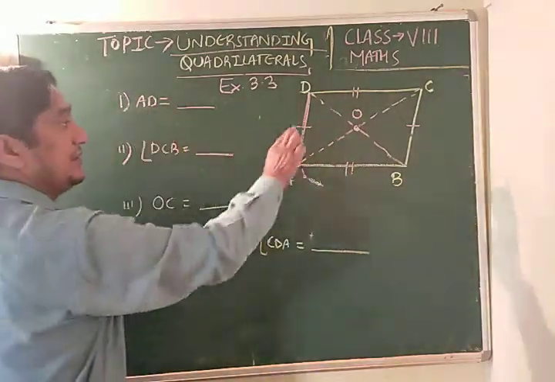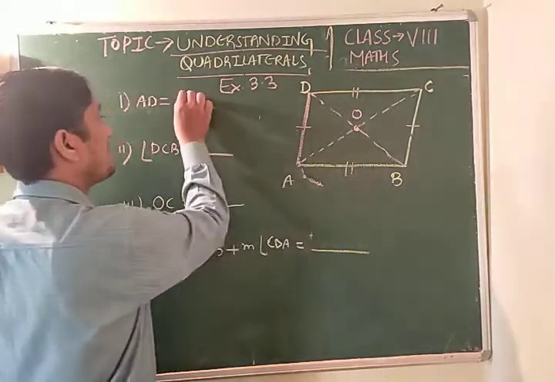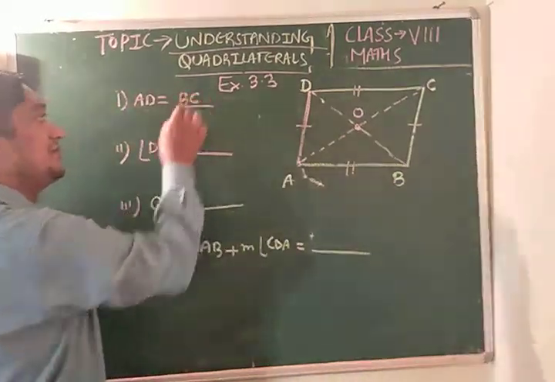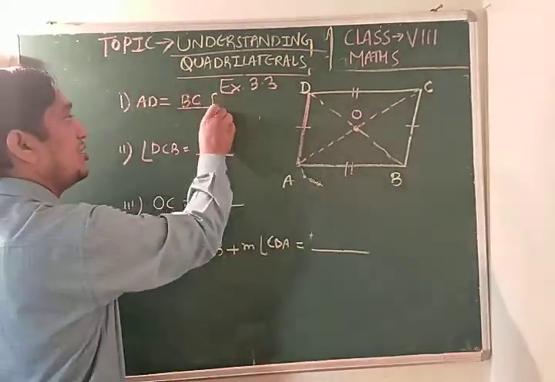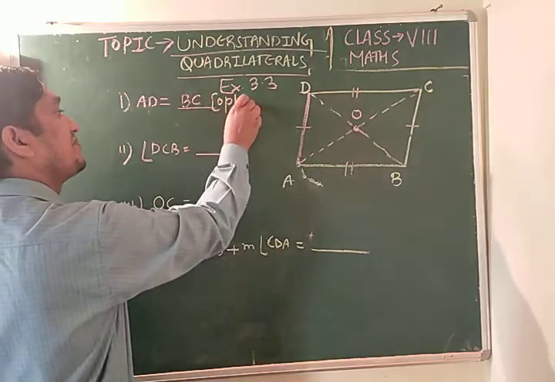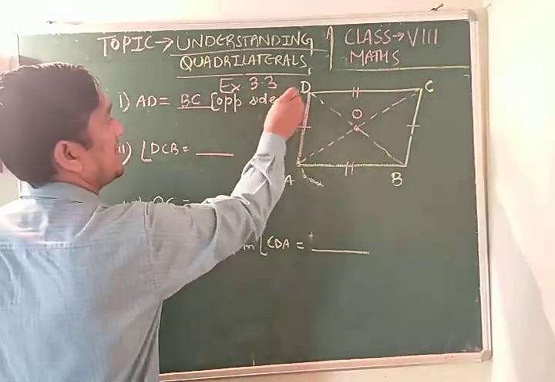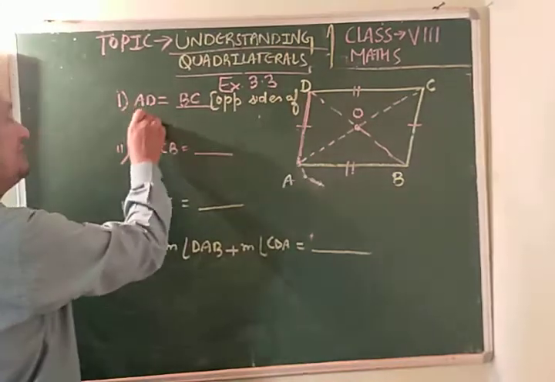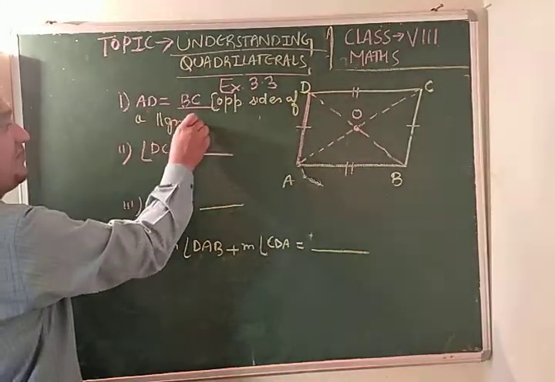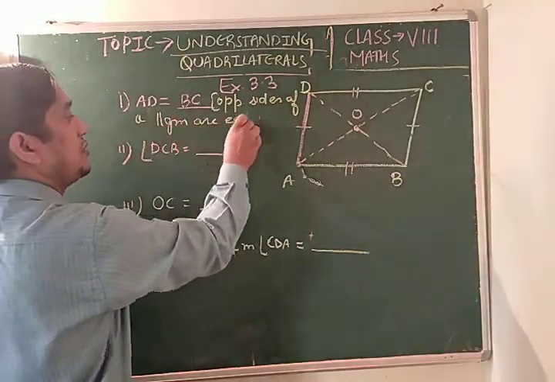So AD equals BC, and the reason is opposite sides of a parallelogram are equal.